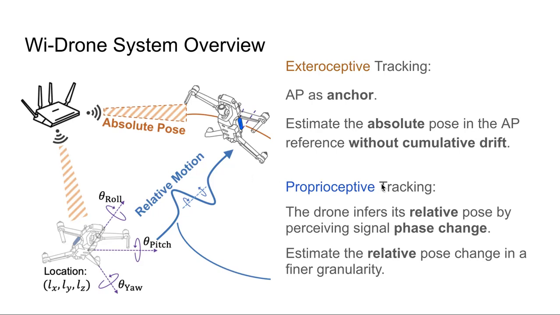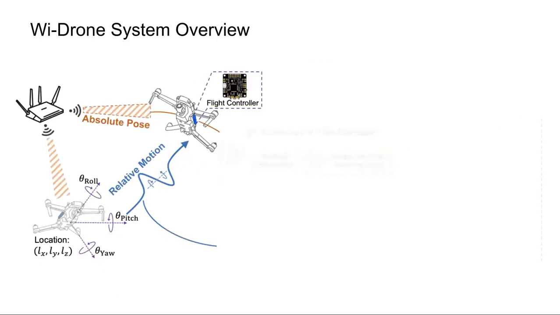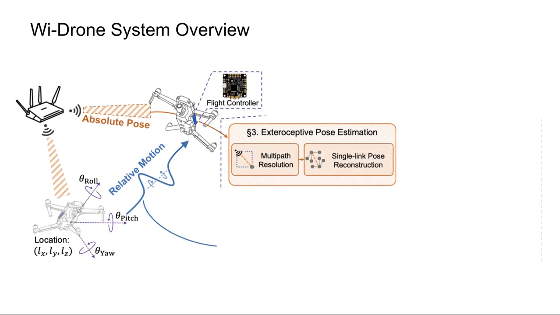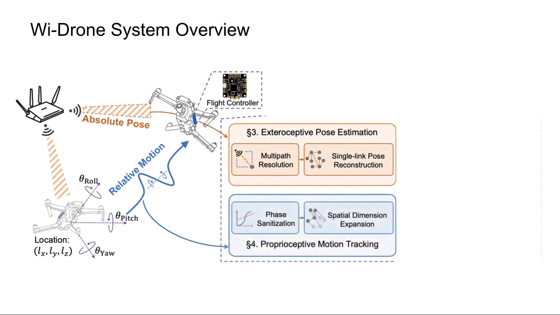So the drone infers its relative pose by perceiving signal phase change, and it can estimate the relative pose change at a finite granularity. So now we have the first component, which is exteroceptive pose estimation. The second one is the proprioceptive motion check-in.